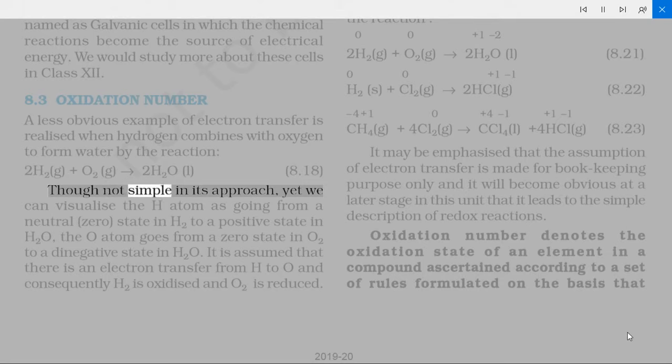Though not simple in its approach, yet we can visualize the H atom as going from a neutral 0 state in H2 to a positive state in H2O. The O atom goes from a 0 state in O2 to a negative state in H2O. It is assumed that there is an electron transfer from H to O and consequently H2 is oxidized and O2 is reduced.